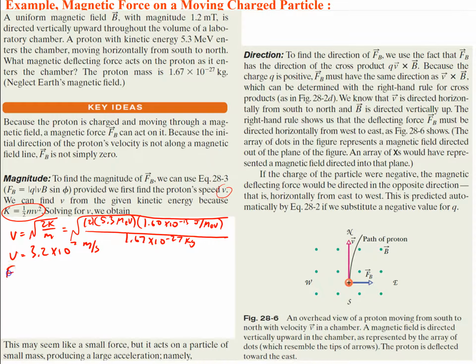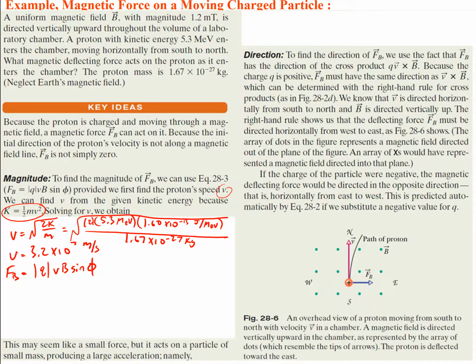F_B is going to equal the absolute value of q, so that we're not introducing a negative sign yet. When we decide which direction it's going in, that's when we'll think about the sign of the charge. So this is going to be v B sine of phi. And again, you can use theta here if you want. It's just the angle between the two vectors.